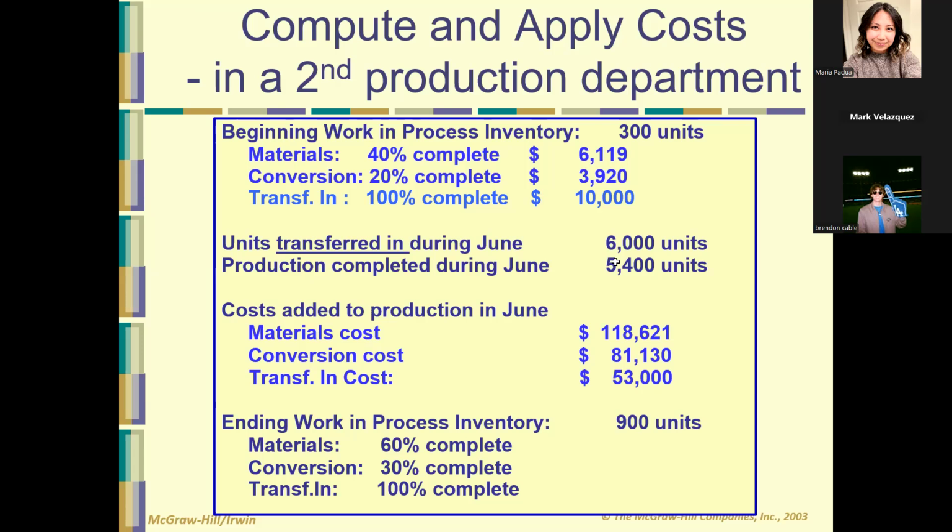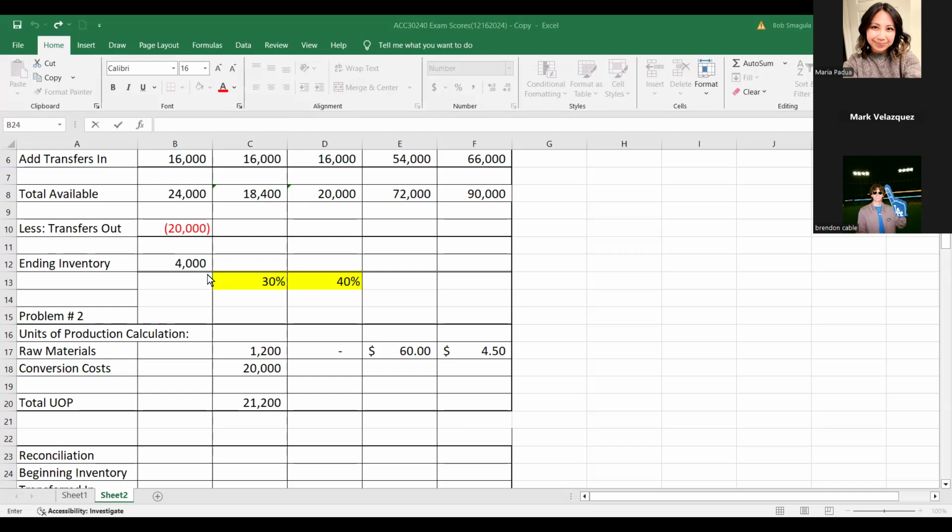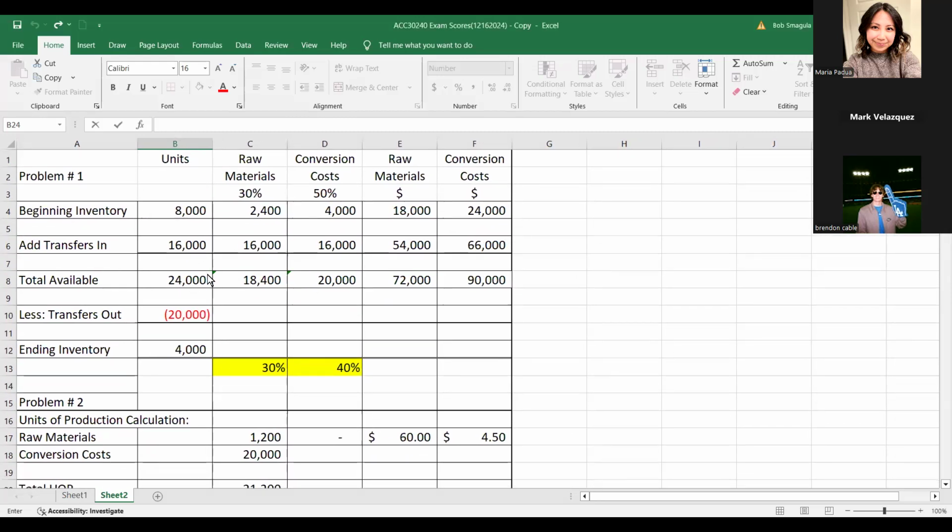You see it now, the Excel screen? No, it's still the second production. Okay, hold on. Your screen sharing is paused, whatever that means. Try it again. How about now? You see the Excel spreadsheet?